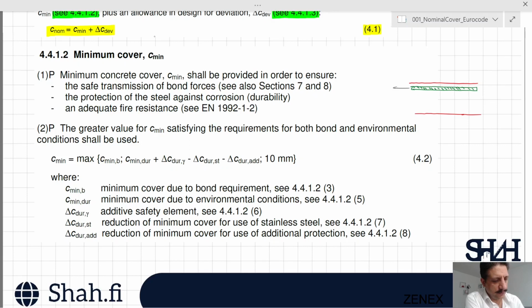If we apply the tension, and it is very close to the surface, then the bond assumption, that the steel is bonded with the concrete together, might not be valid. As a result, we need to ensure that c min, because of bond, is provided.